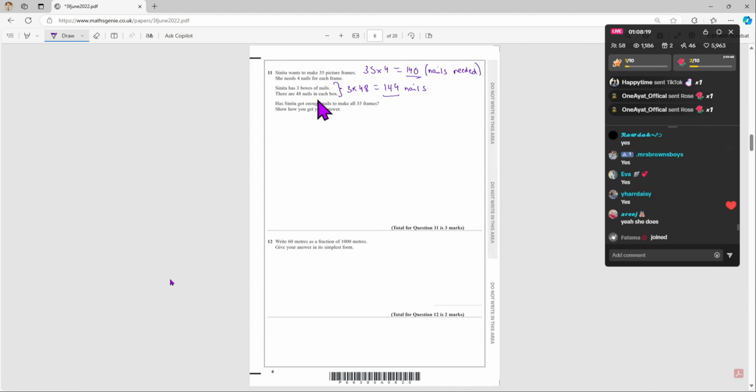Sanita needs 140 nails to make those 35 frames. So she has enough. Yes, she has enough. So we can just write 144 is greater than 140.